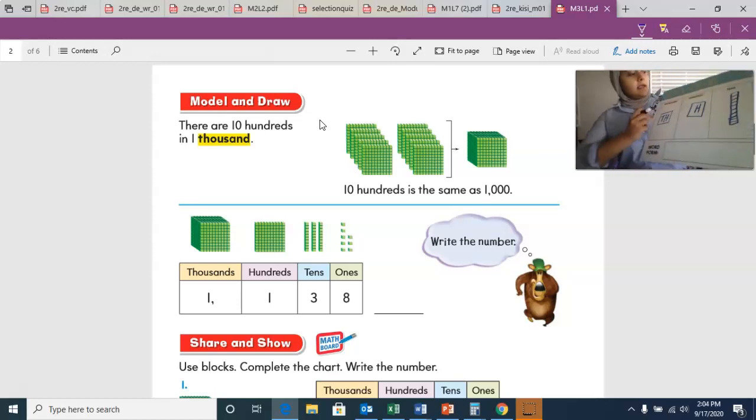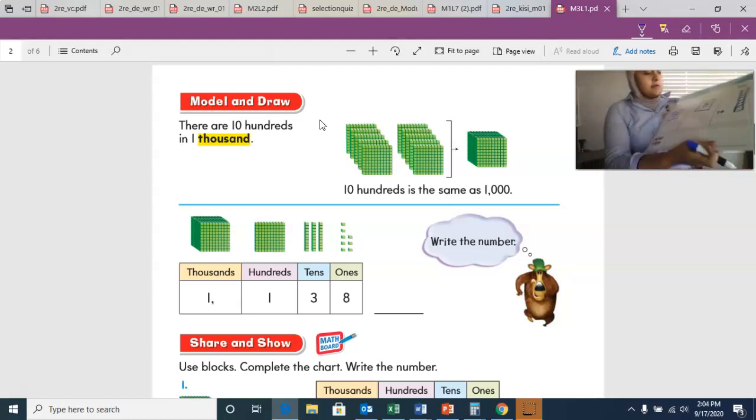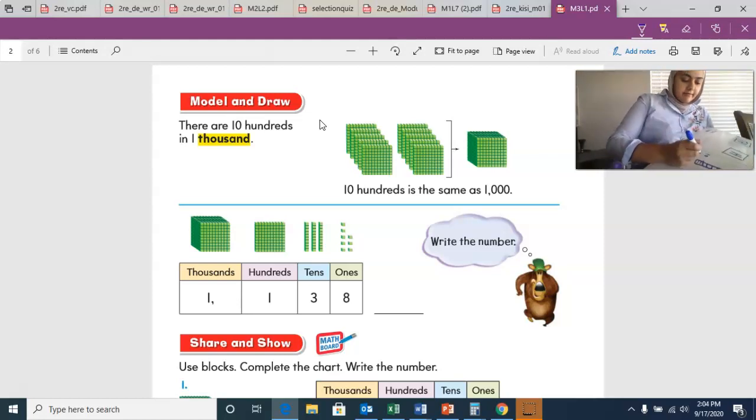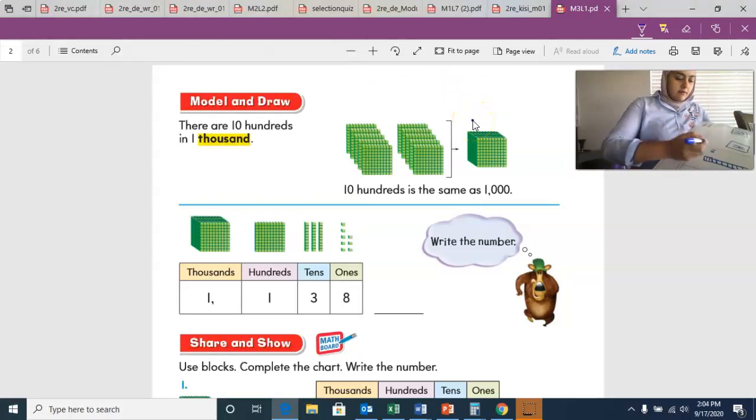Okay? 10 ones. Here, I'm going to write it down first because I can't write backwards. 10 ones is the same as 1 ten log.